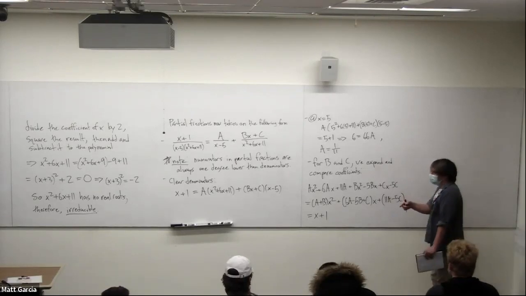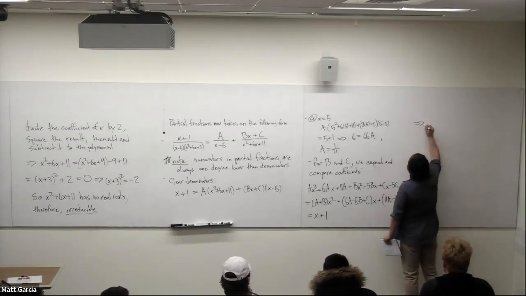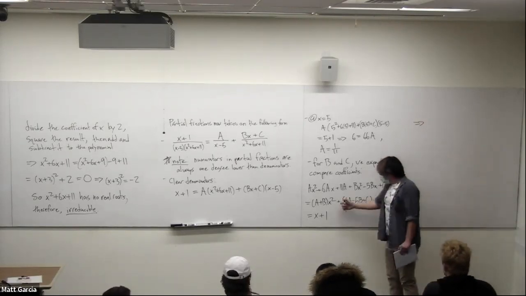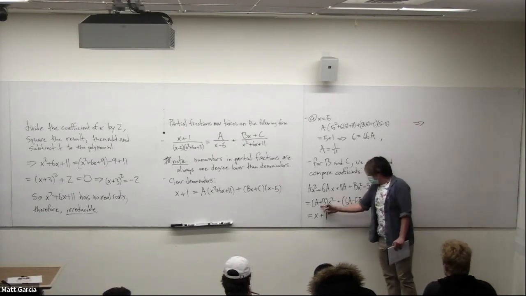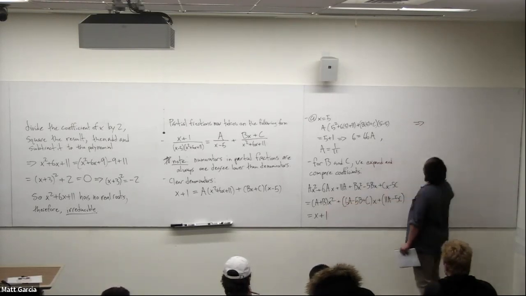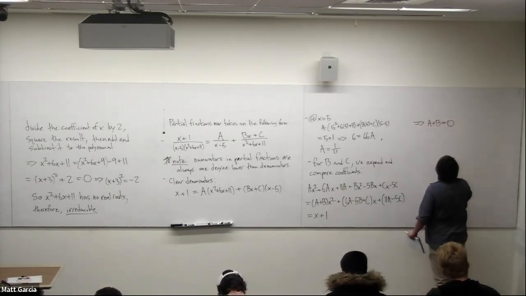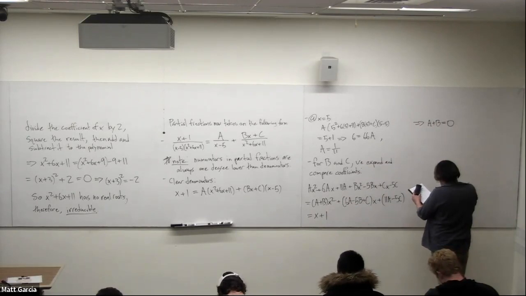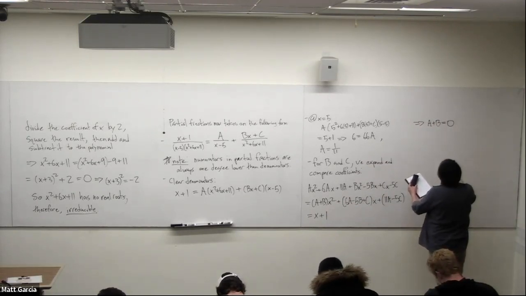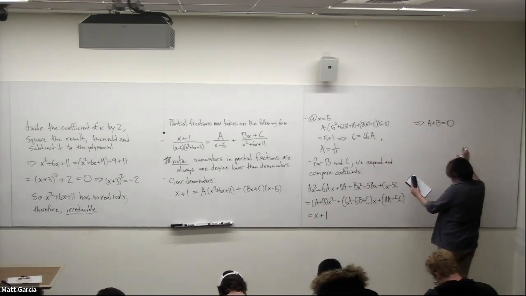Zero. Good. So that implies that if this is an equality of polynomials, a plus b has to be equal to 0. Okay. Let's just write down all the relationships before we do any solving.